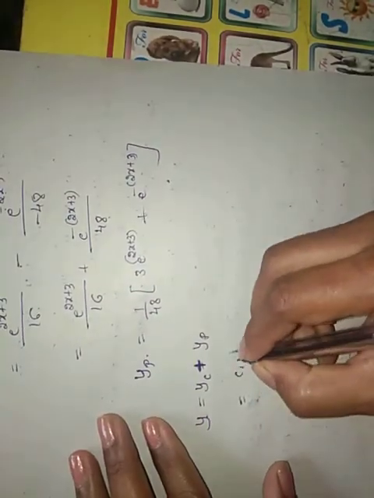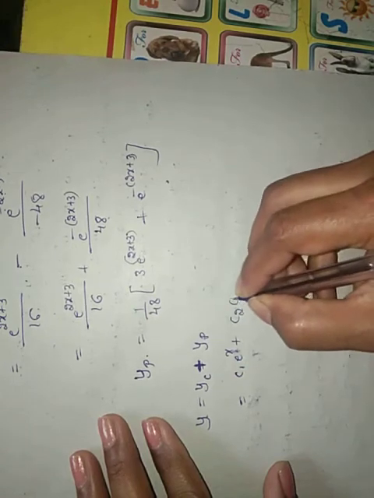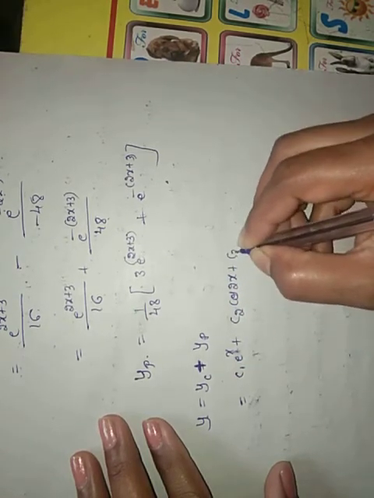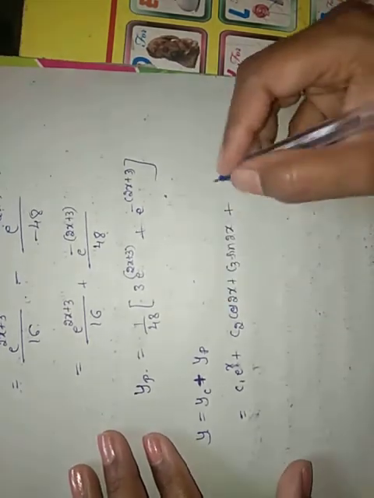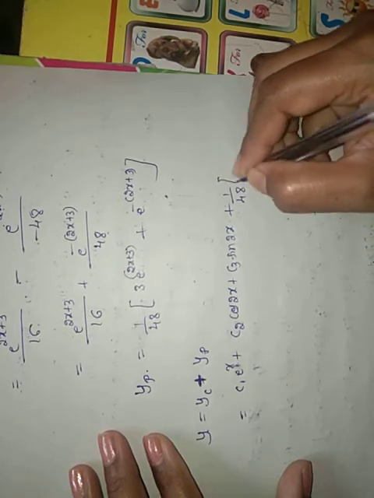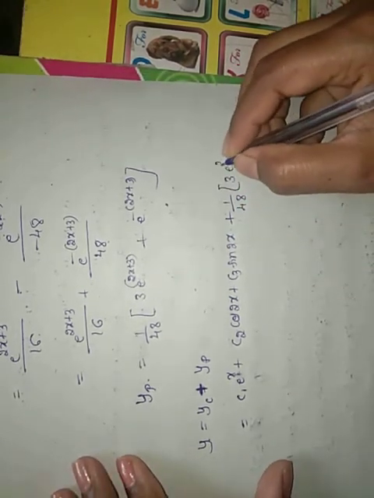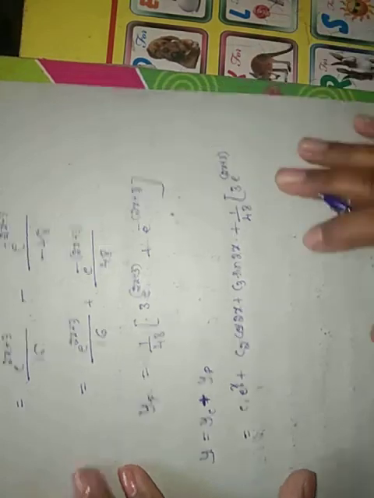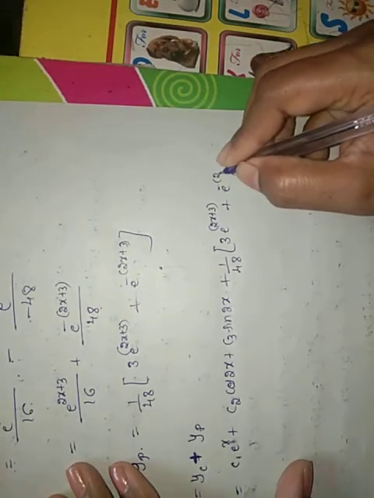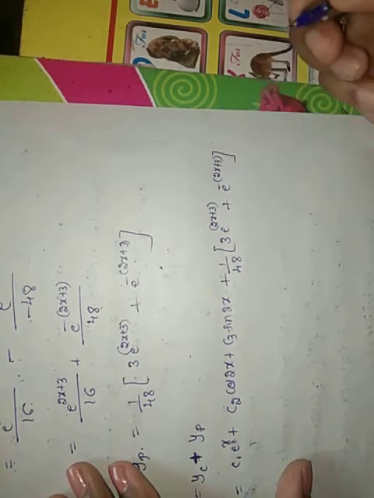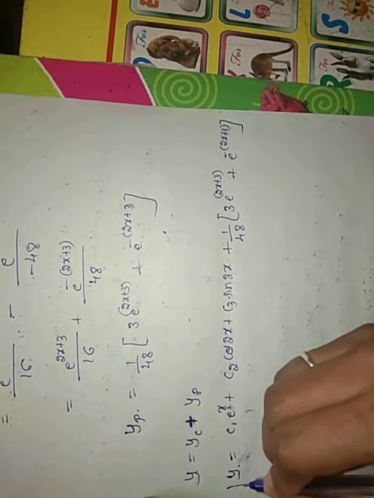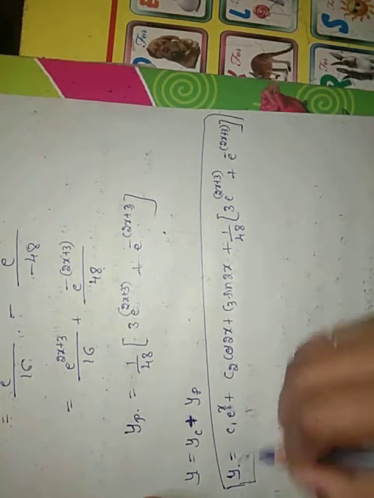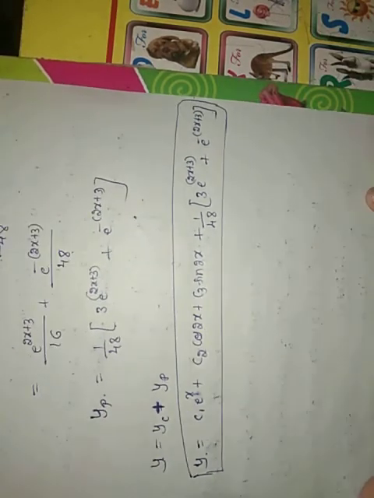So y is equal to c1 e raised to x plus c2 cos 2x plus c3 sin 2x plus the particular integral, which is 1 by 48 into 3 into e raised to 2x plus 3 plus e raised to minus of 2x plus 3. So that is the complete solution of the given equation.